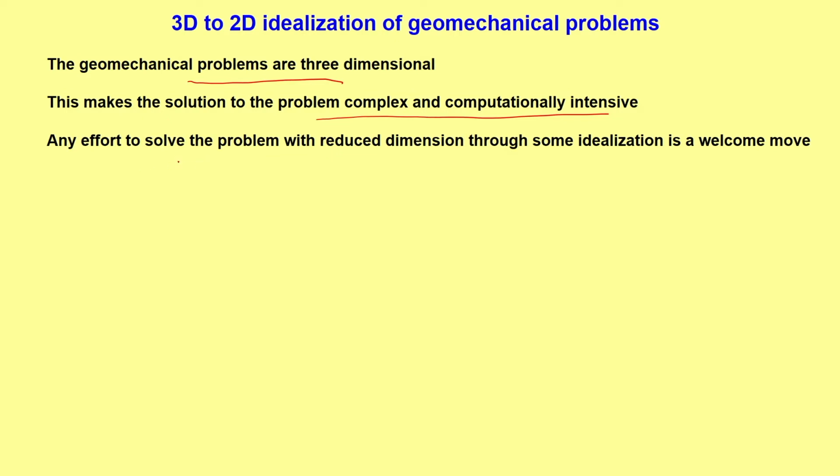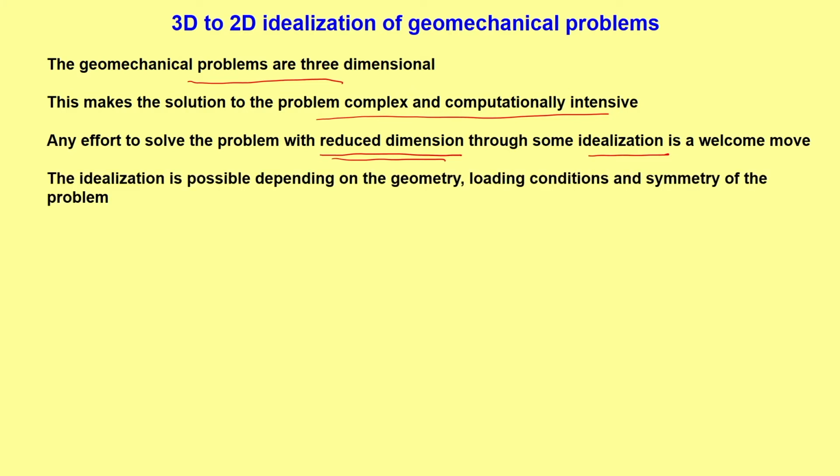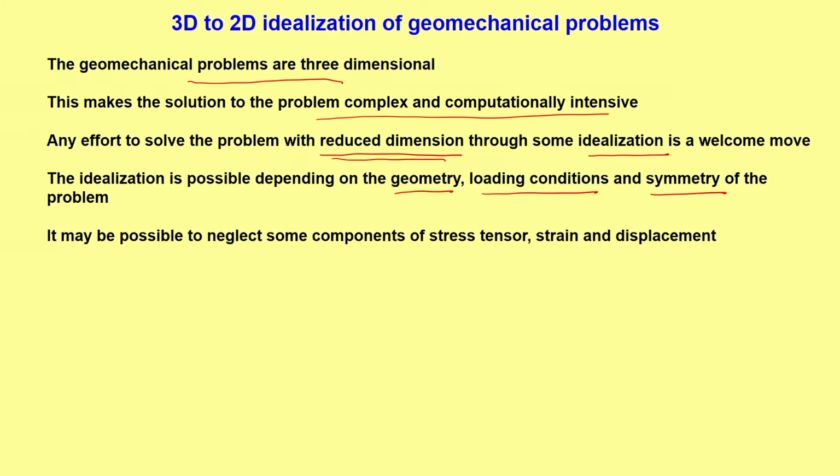So, any effort to solve the problem with reduced dimension through some idealization is a welcome move. The idealization is possible depending on the geometry of the problem, loading conditions and symmetry. So, based on these three factors, one can idealize a 3D problem to a 2D problem.